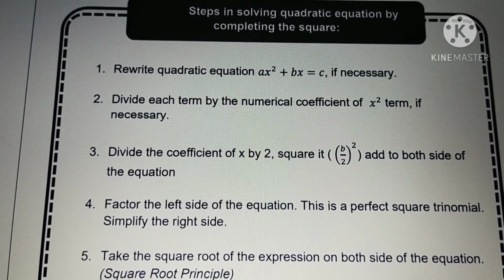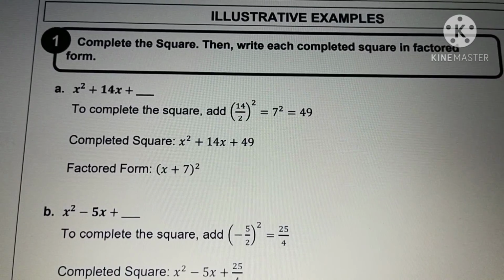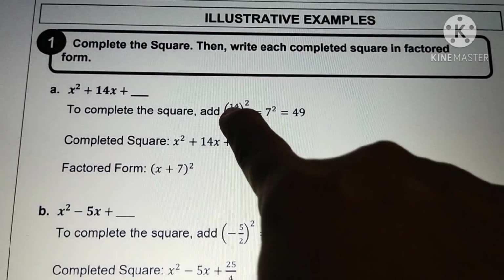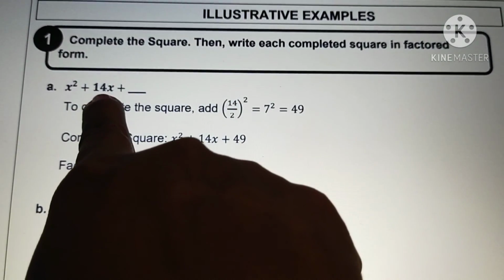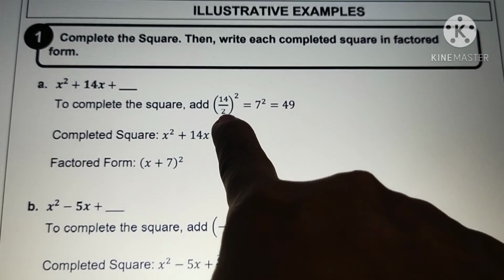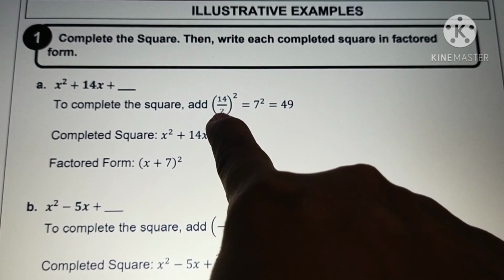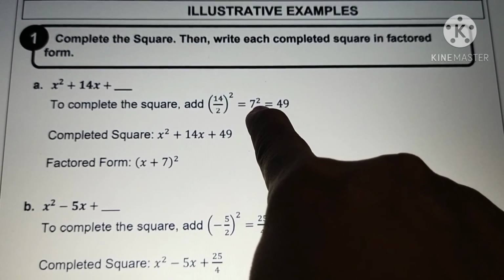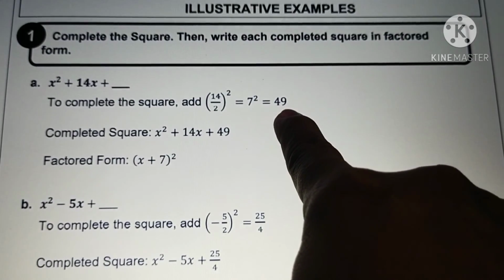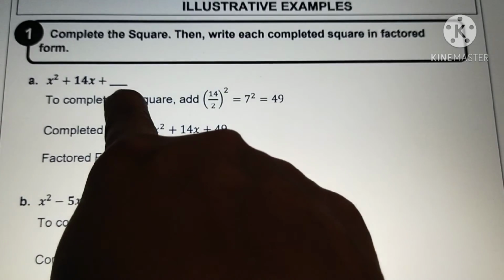Okay, yan ang formula na dapat natin gamitin. So going back, what is our b here? Our b is the coefficient of x. That's why you have 14, then divided by 2, then quantity squared. 14 divided by 2 is 7 squared. 7 squared is 49. So, ang i-add mo doon sa last is 49.